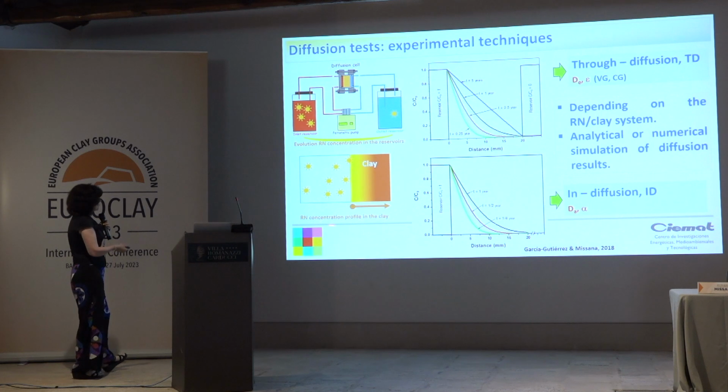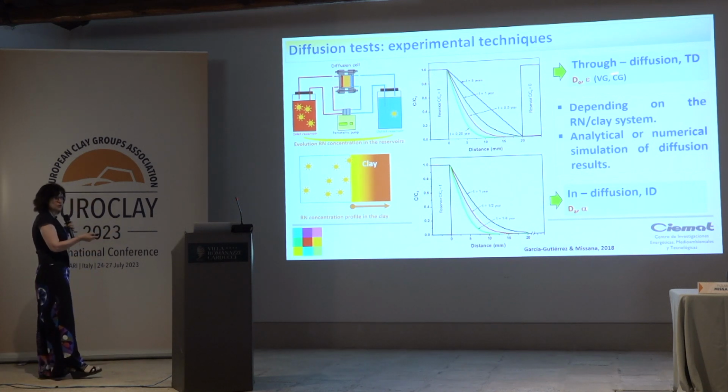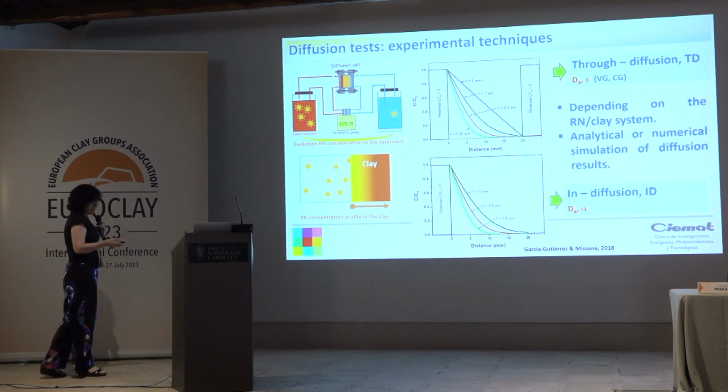But we also have the opportunity to measure directly the radionuclide profile within the clay, and these are called in-diffusion experiments. So through-diffusion experiments, we can determine basically the effective diffusion coefficient, but also the porosity of the system. And in the case of in-diffusion experiments, we will determine the apparent diffusion coefficient and the alpha factor.